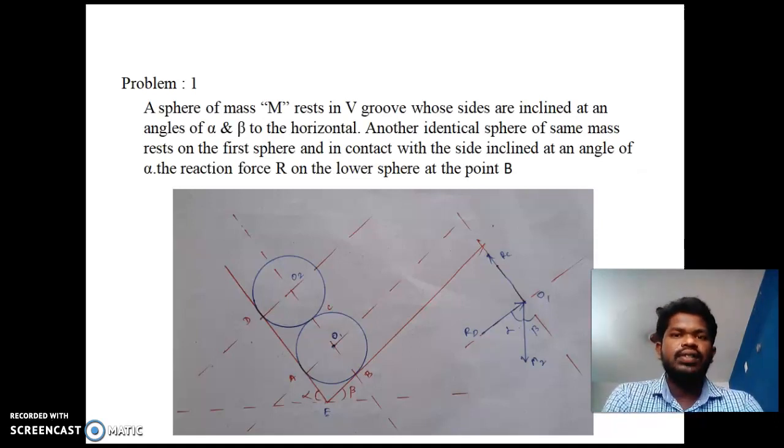A sphere of mass m rests in a V groove, whose sides are inclined at angles alpha and beta to the horizontal.